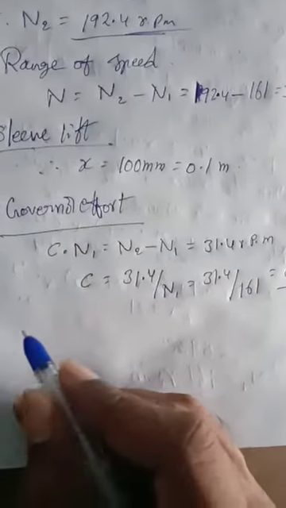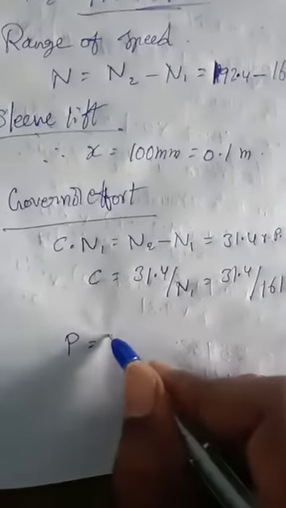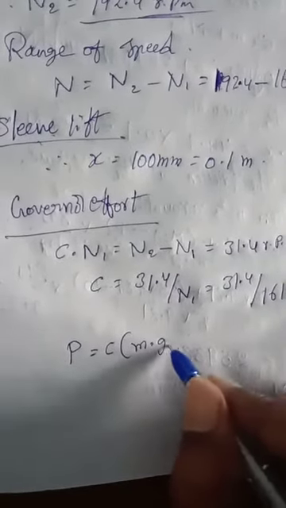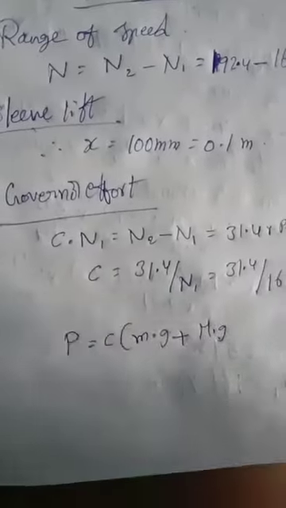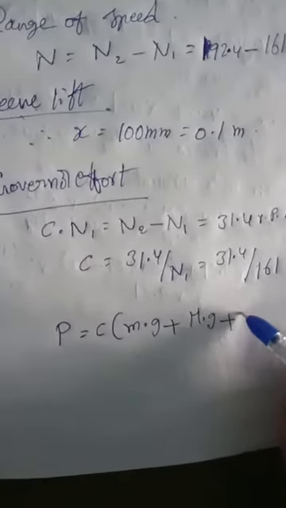And next the governor effort. P is equal to c into (m g plus M g plus F).